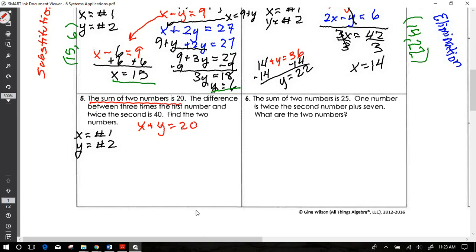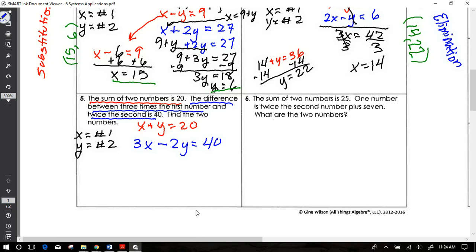And then the difference between 3 times the first number, which is x, and twice the second number is 40.